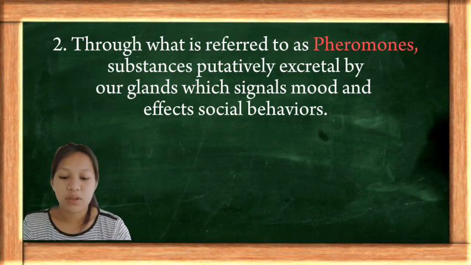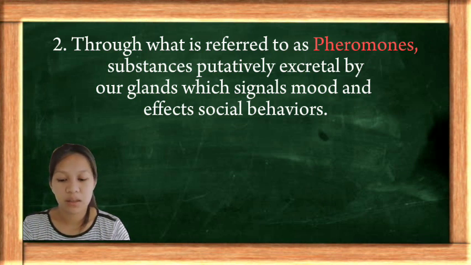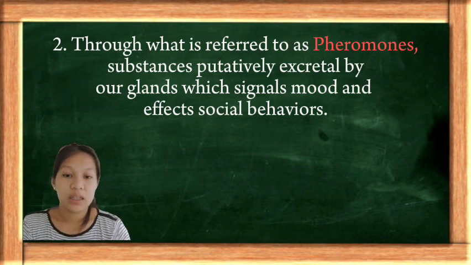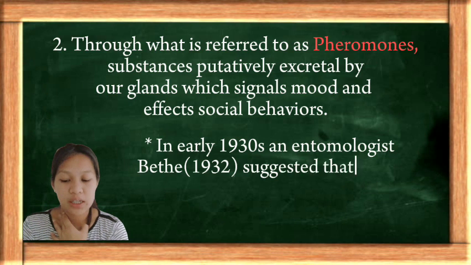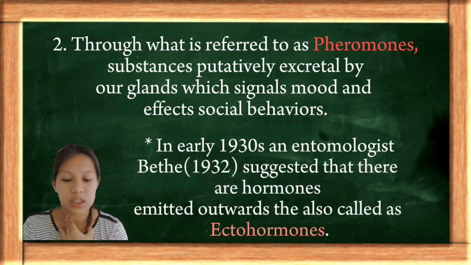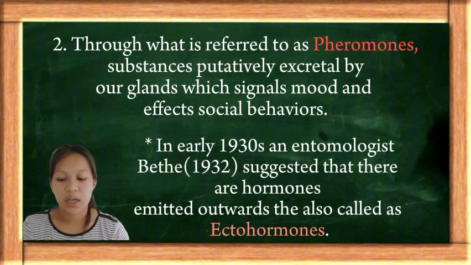One of the famous studies about MHCs is the sweaty T-shirt experiment, according to Wedekind and Furi, 1997, and Wedekind et al. 1995. In the early 1930s, an entomologist, Bethe 1932, suggested that there are hormones emitted outwards, also called ectohormones.